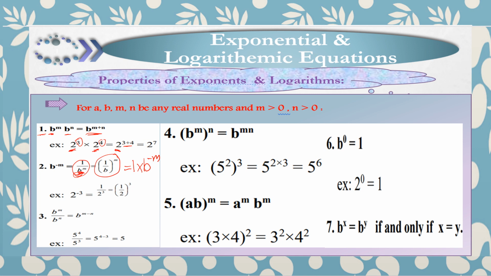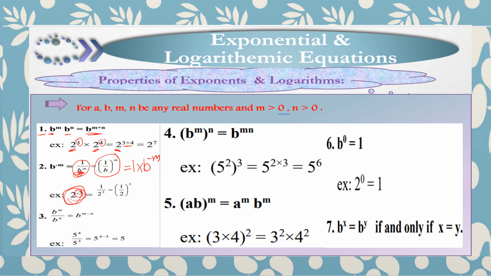For example, 2 power negative 3 equals 1 over 2 power 3. This is the same: if we have a fraction and we want to raise the denominator to the numerator, we give the exponent a negative sign. And also, if we have a number with a negative sign in the exponent, this means it is a fraction, 1 over this number with a positive exponent.